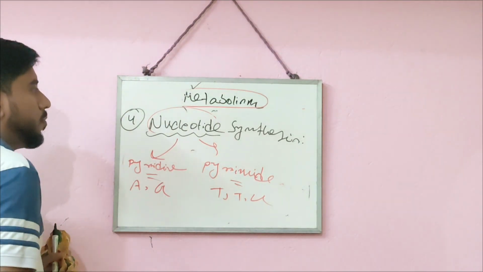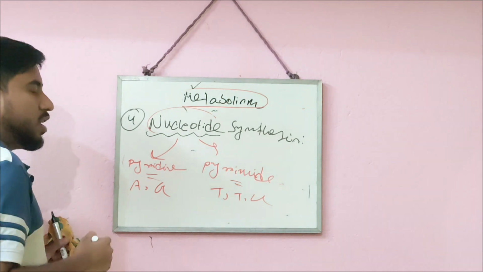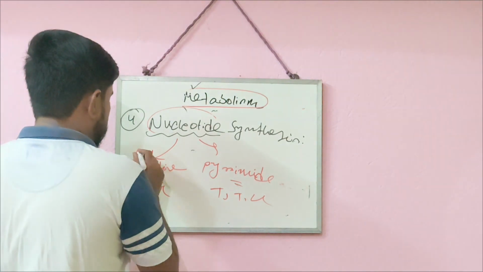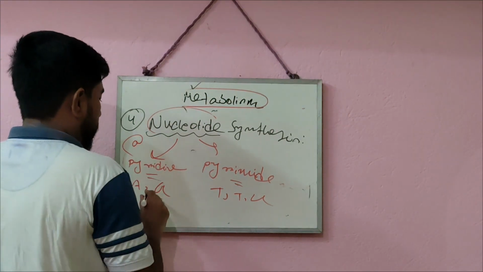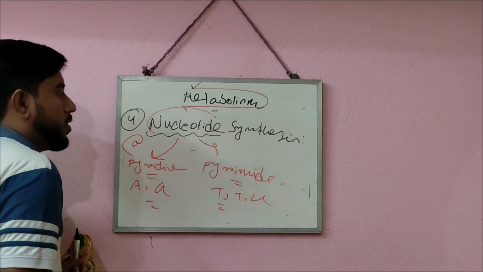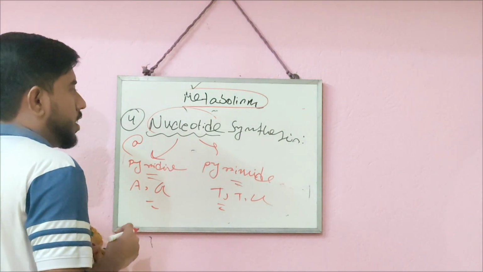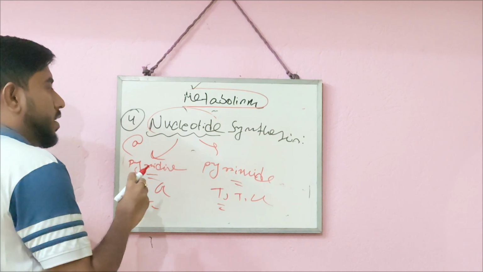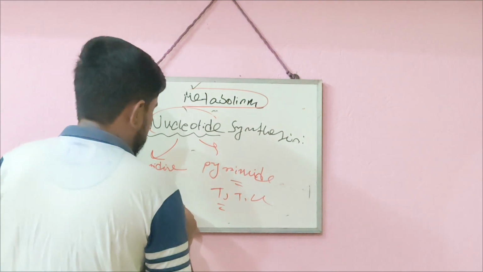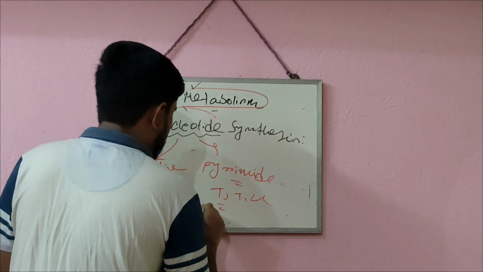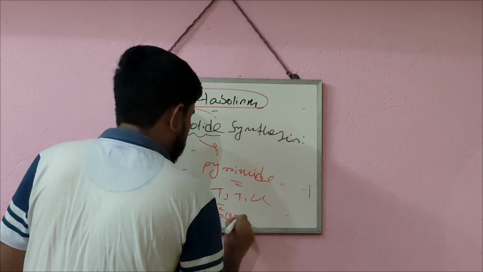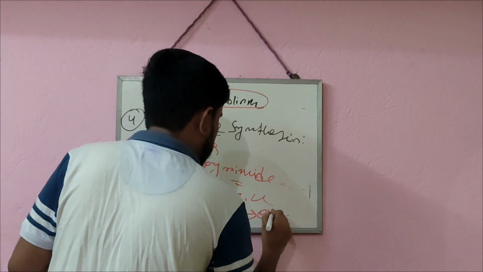So the nucleotide synthesis process involves activation of purine and pyrimidine nitrogen bases, so that the drug can easily be metabolized and converted into a highly hydrophilic or polar drug, so that it can easily be eliminated through urine.